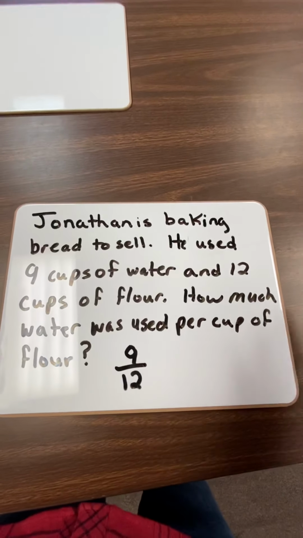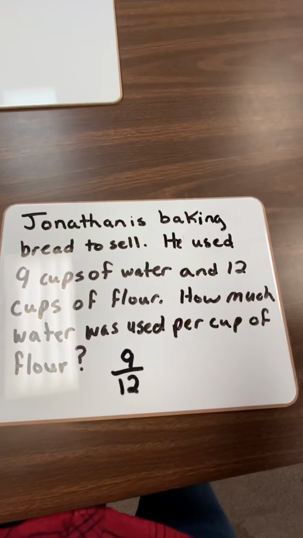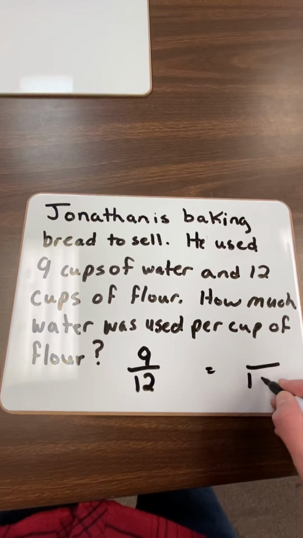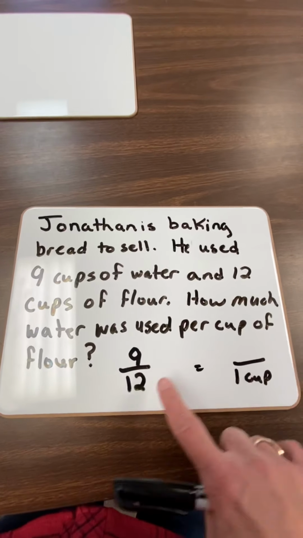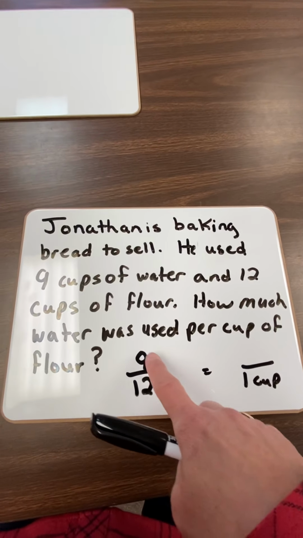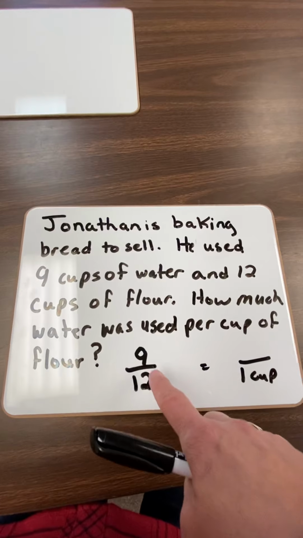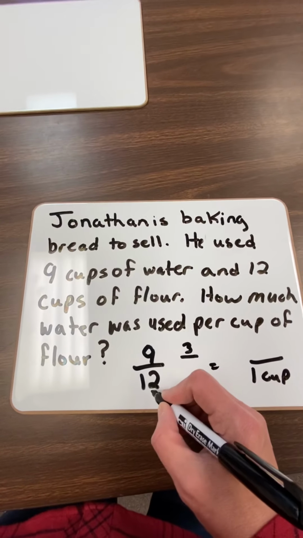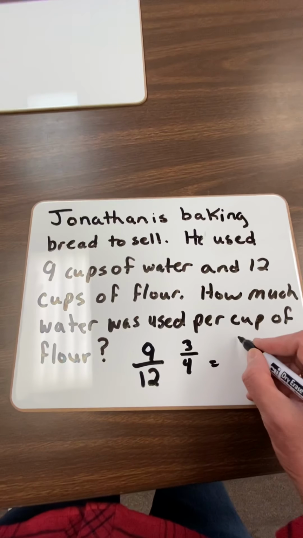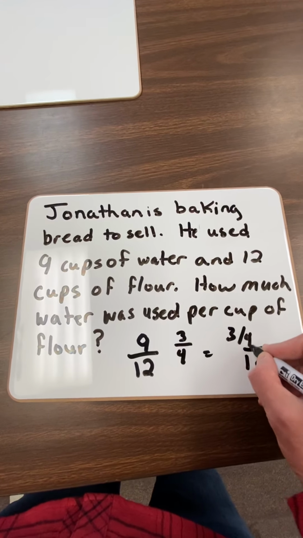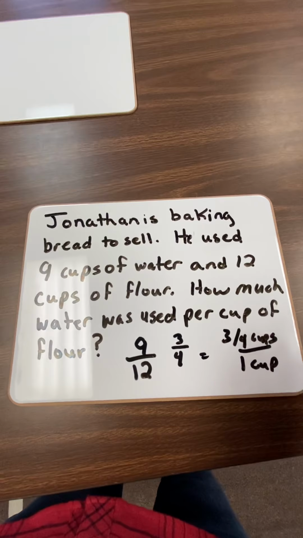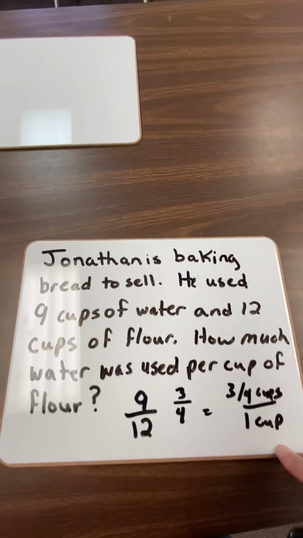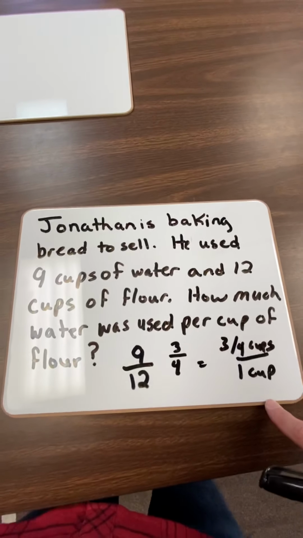So it's not going to be an even amount of water per cup of flour. So if we reduce it, what can go into 9 and 12? 9 divided by 3 is 3. 12 divided by 3 is 4. So 3/4 cups of water to 1 cup of flour.